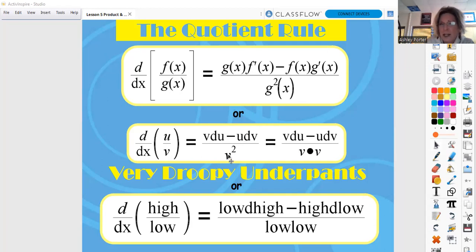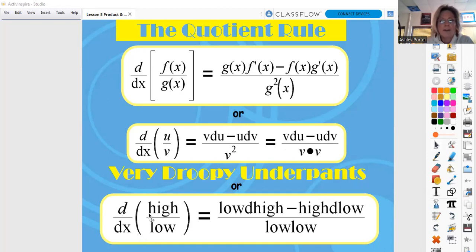Now, v squared doesn't have as much of a ring to it. So sometimes some people might memorize it as v du minus u dv all over v v. So just again, jingles make it easy to memorize. Now, there's another way, and I call this the yodeling method, that you can memorize the quotient rule. And a lot of people like this way.